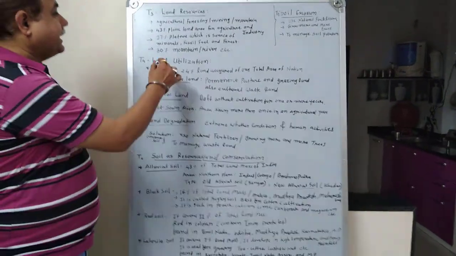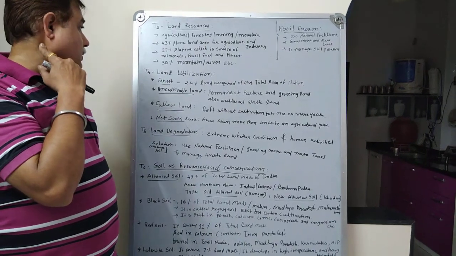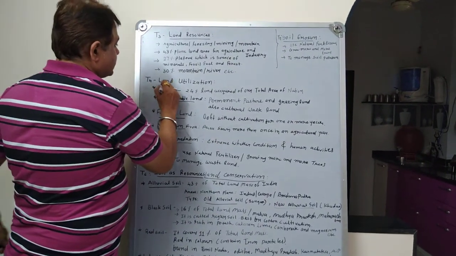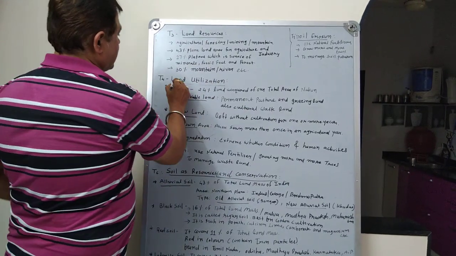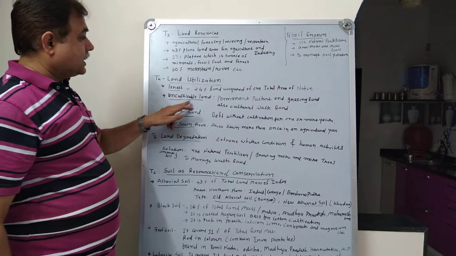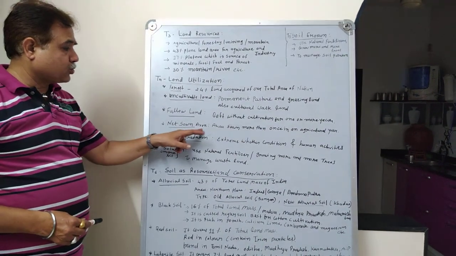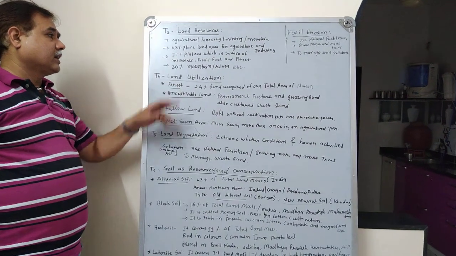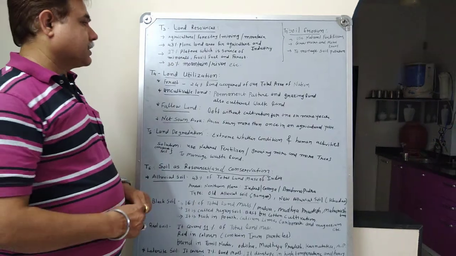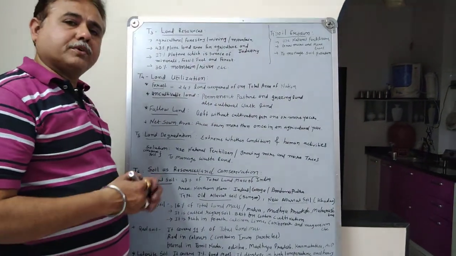Now fourth, land utilization. How is land utilized? Forest, uncultivable land, fallow land, net sown area. Forest occupies 24% of the total land mass of our nation.